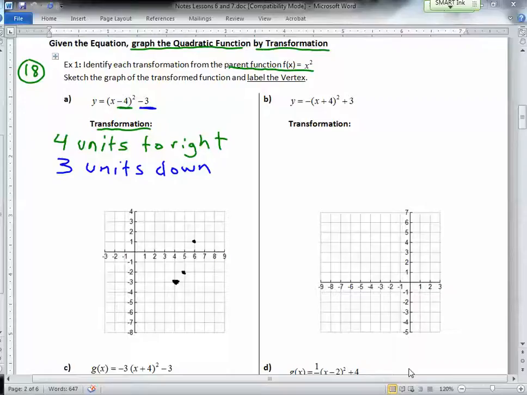How do I get the other points? It's just a pattern. The pattern is this. If we don't have a vertical stretch or compression, from your vertex, you're going to go right 1, up 1 for your first point. And then for your second point, from your vertex, you're going to go right 2, up 4.